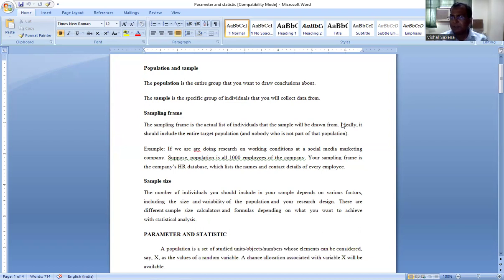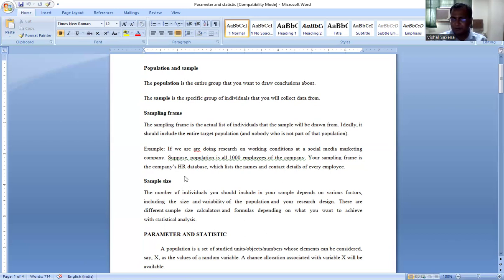The sample is made from the population, and through the sample, the entire population can be analyzed for its characteristics. So a sample is a small part of the population, through which the population can be studied or analyzed.